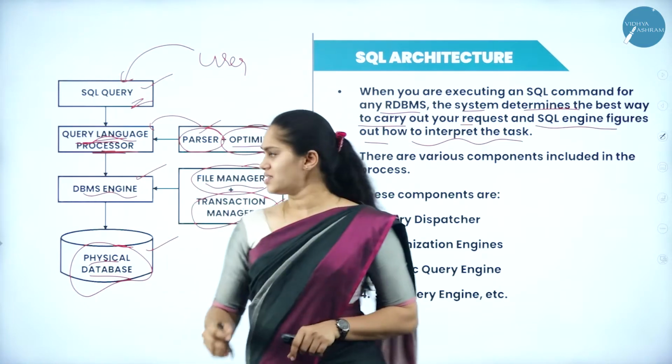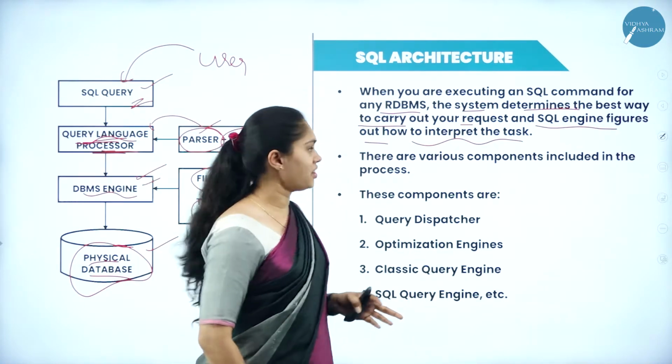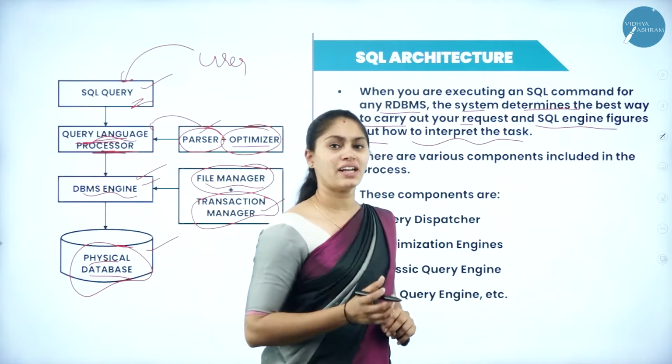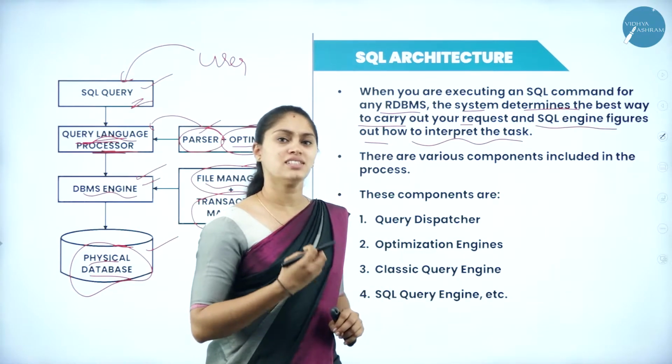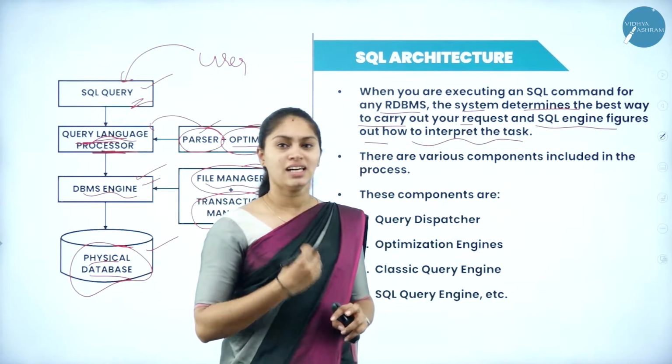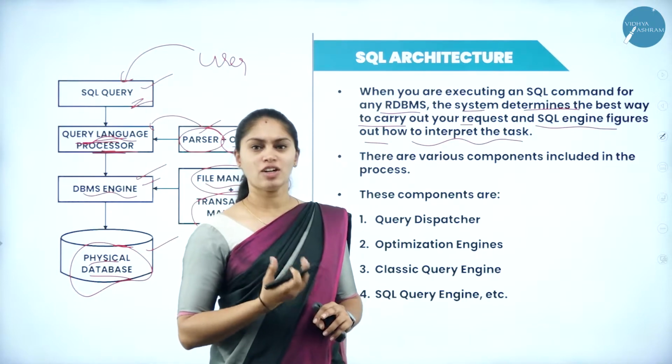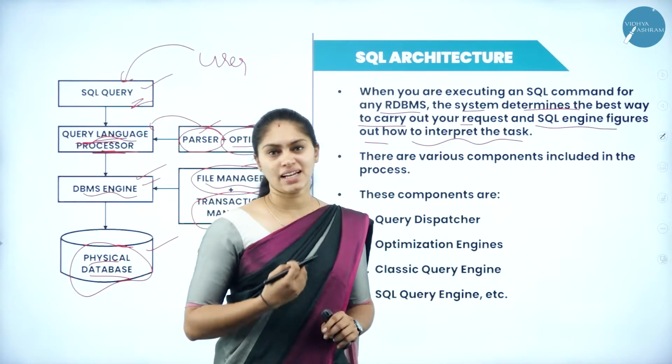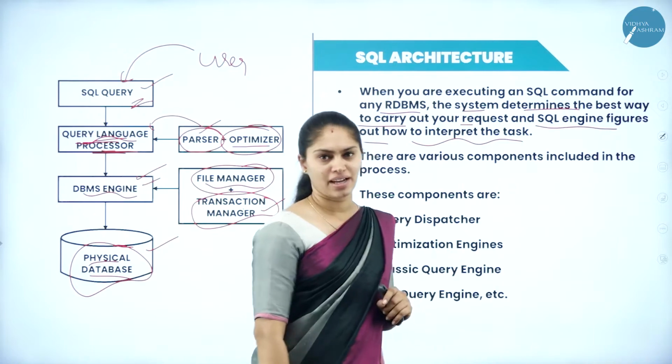So here you can see that we have a SQL engine that will figure out how to interpret the task. That means how reliably we can give the result back to the user or programmer, one who is seeking the result from the database management system.